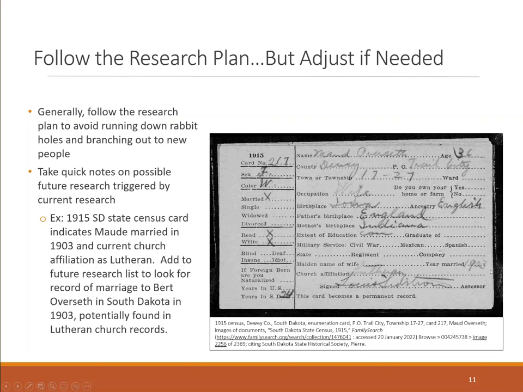They provided it in the state census, and the state censuses are nice in that they often get a different cut of information than the federal. But here, they were married in 1903.